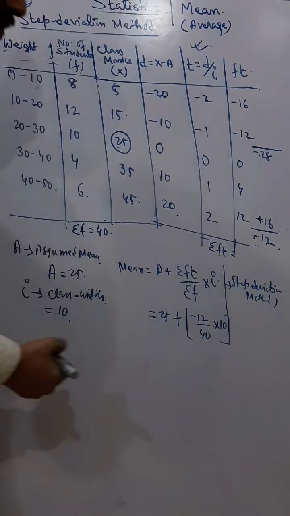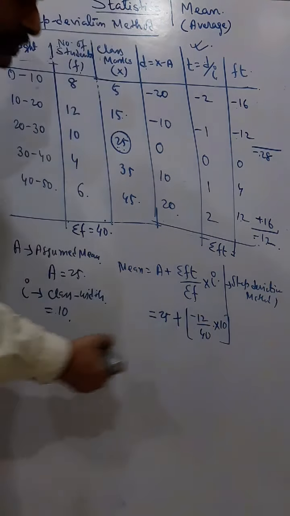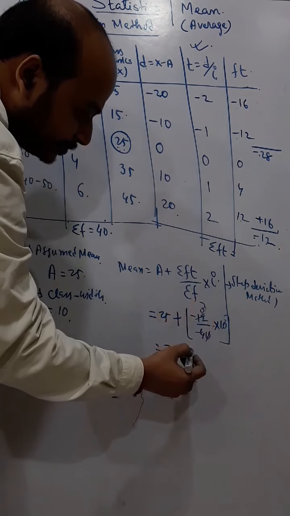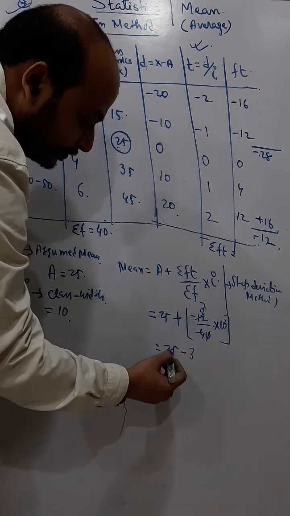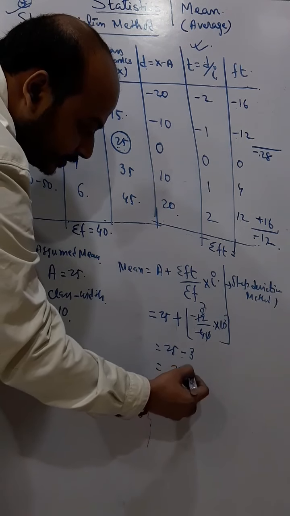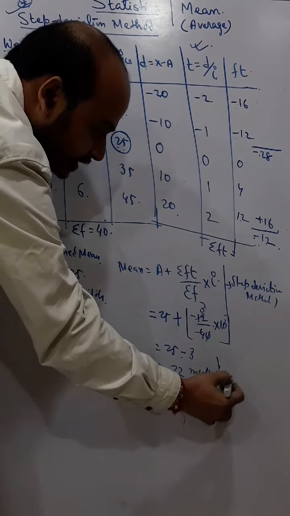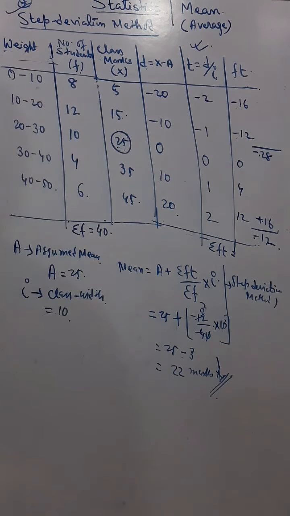So now after solving, this and this get cancelled, and again you see we are getting the same answer. Whichever method we use, we get the same answer. So 25 minus 3, we got 22 marks as the average marks. That's the mean. Okay, so this is the step deviation method. So this is all about mean.